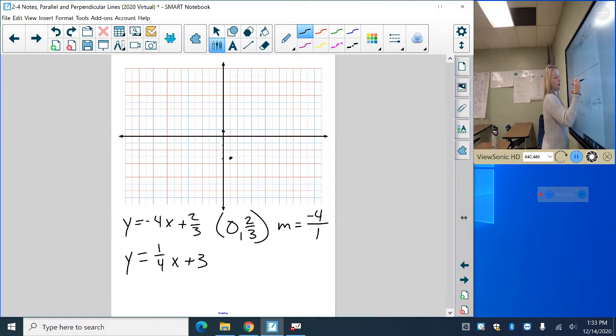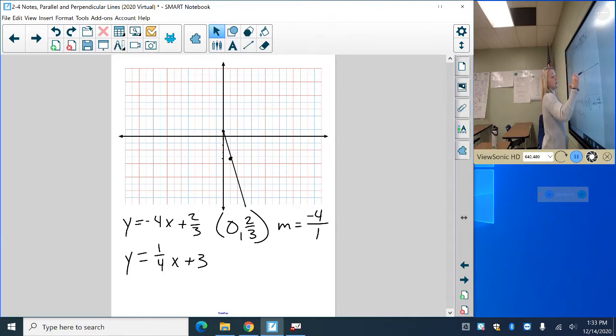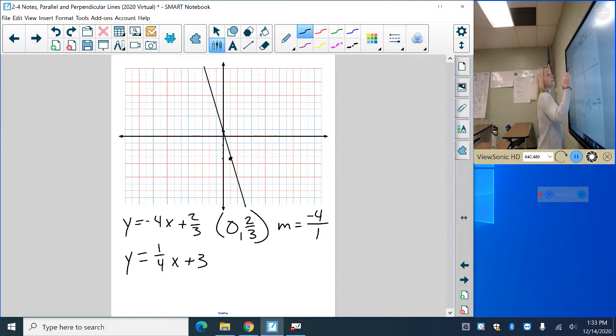So I'm about right here, and I'm going to connect those dots. And you can always use a calculator to graph these. And there we go.